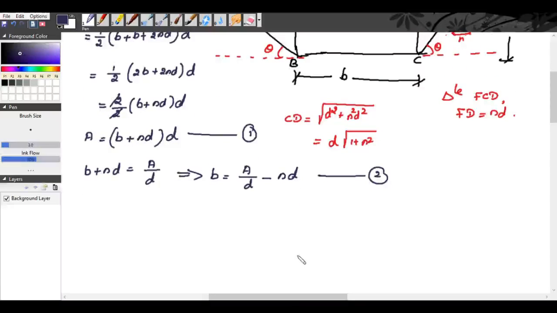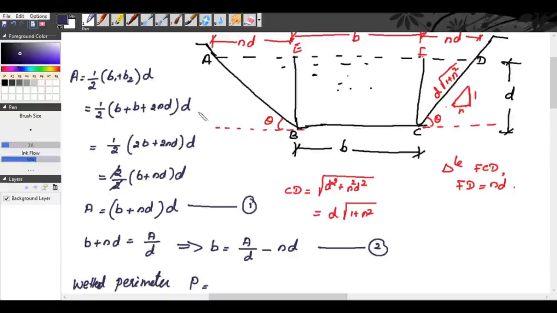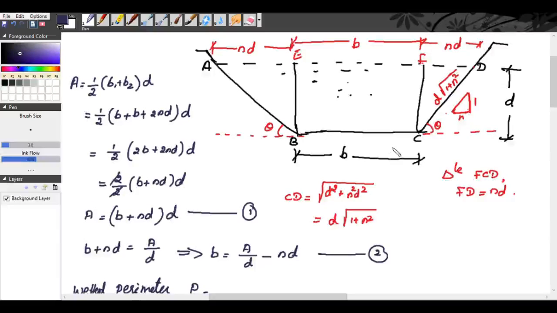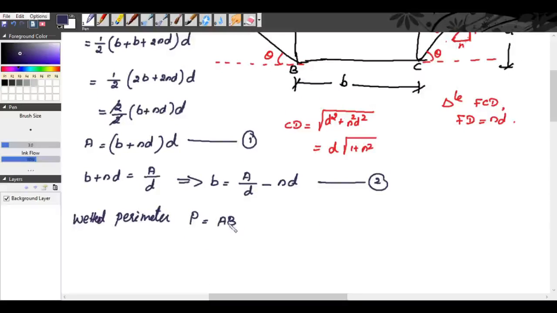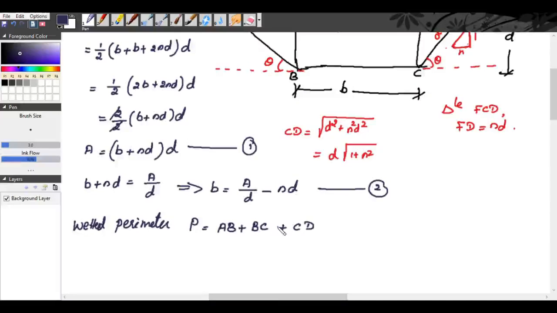So now we will go for the wetted perimeter. So we know the wetted perimeter. Wetted perimeter for the given trapezoidal section will be equal to AB plus BC plus CD.